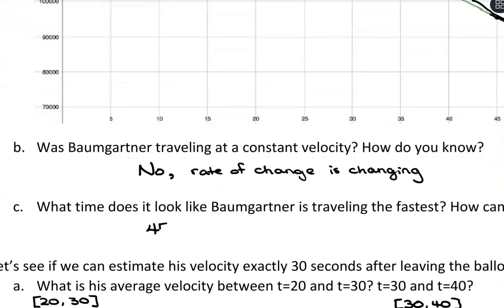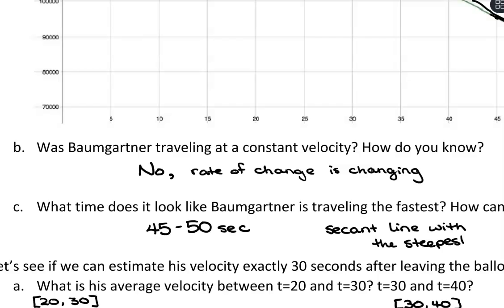So I'd say probably going fastest 45 to 50 seconds. And how can you tell? It would have the secant line with the steepest slope. And that would be talking about an average over 5 seconds.